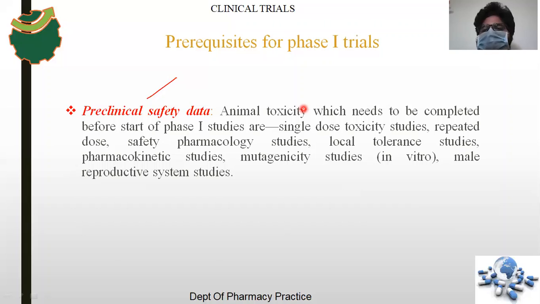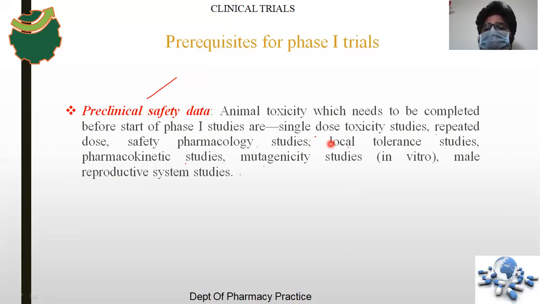The data comes from single dose toxicity studies, repeated dose toxicity studies, pharmacological studies, local tolerance studies, pharmacokinetic studies, and mutagenicity studies. All the data available from the preclinical phase, we'll be collecting.